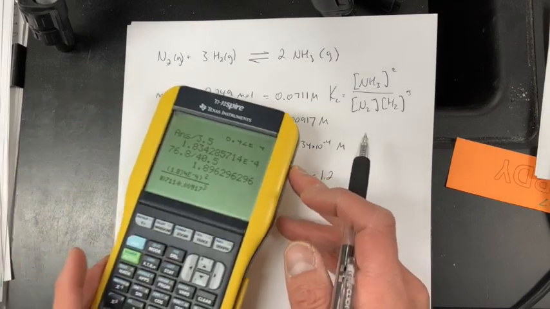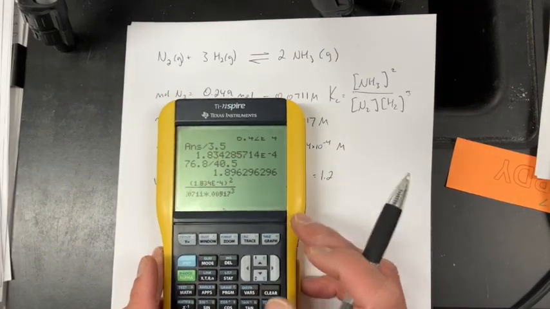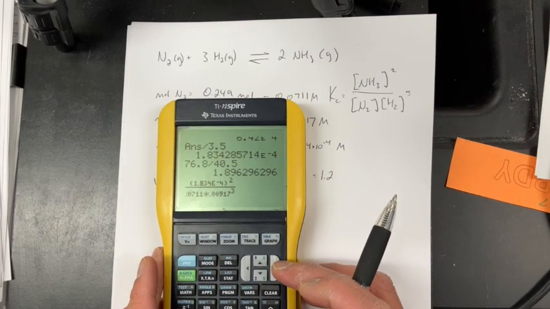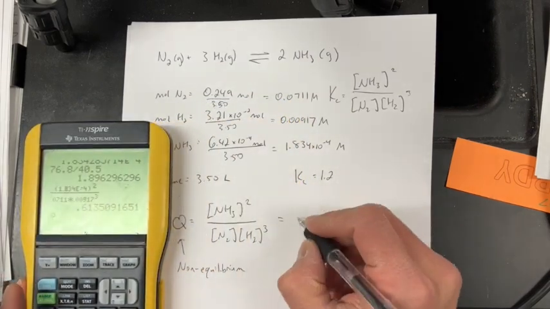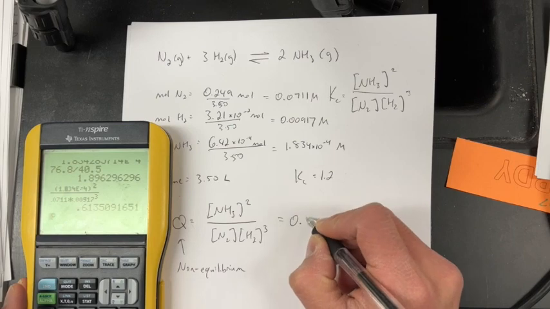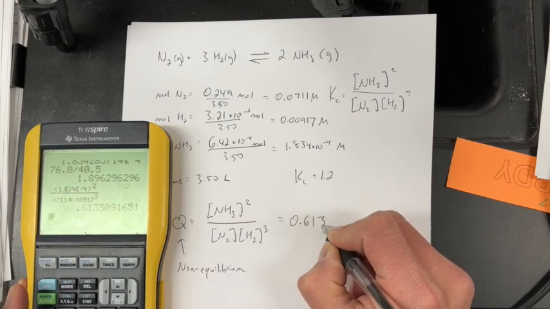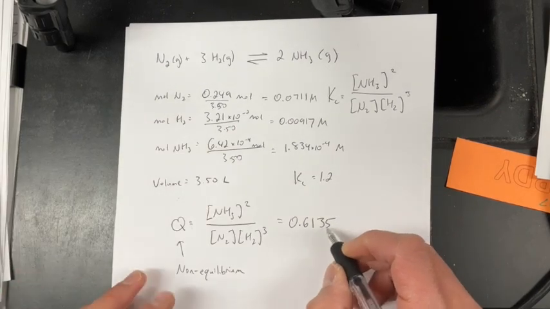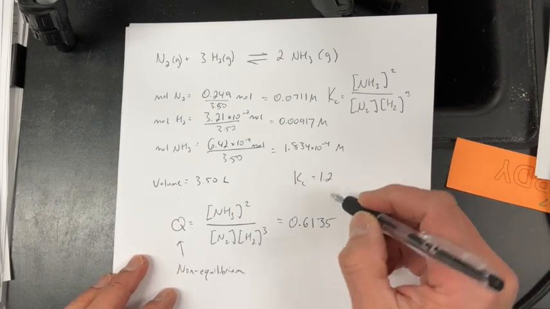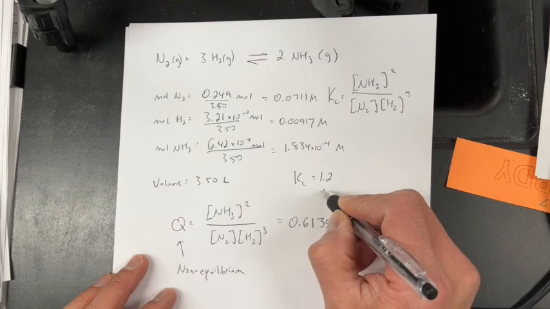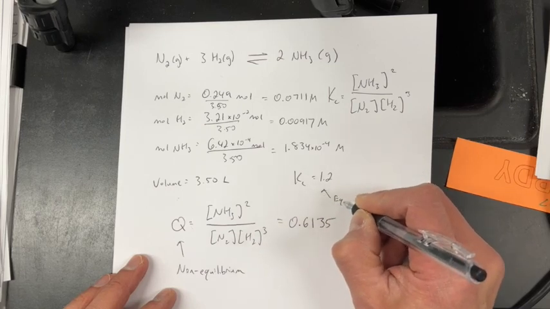Okay, so I have it plugged in. It kind of looks like that in the calculator. And if I hit enter, I get this number. So you should get 0.6135, which is Q. Remember, this is at not equilibrium. This one here is at equilibrium.